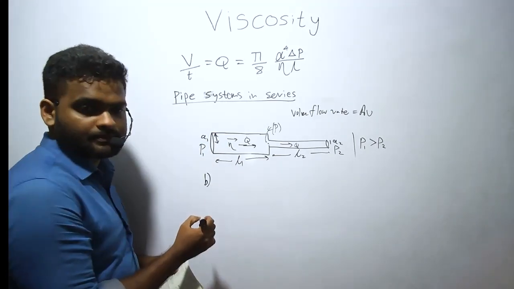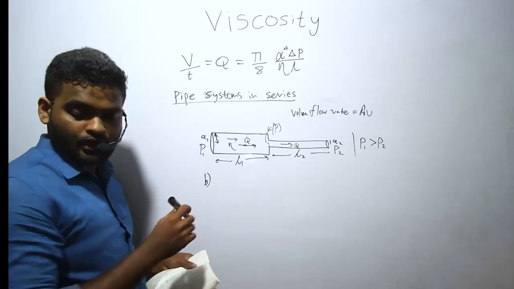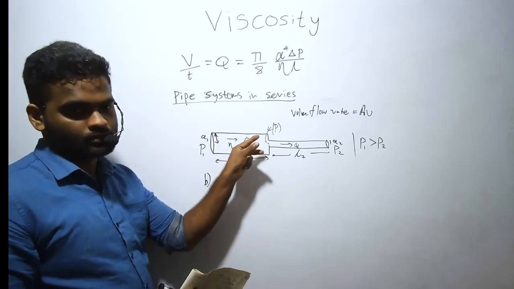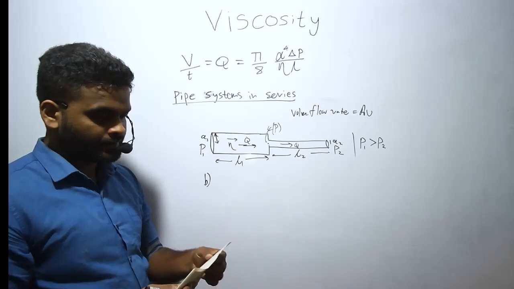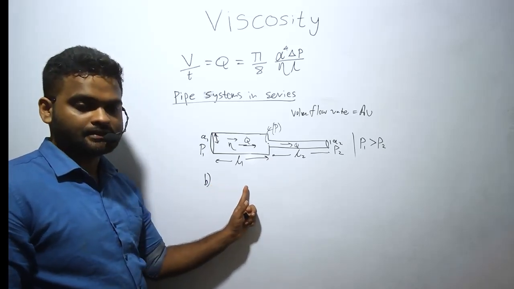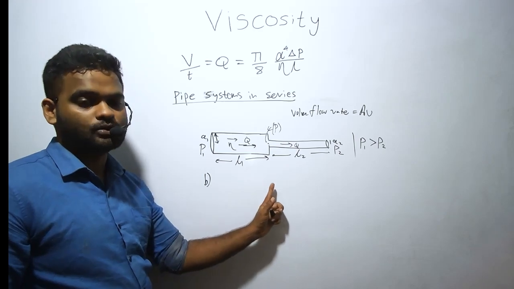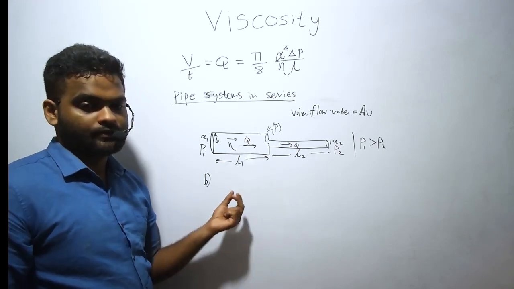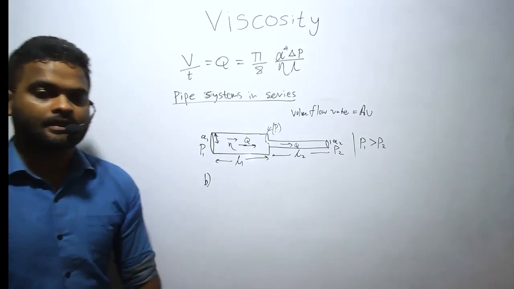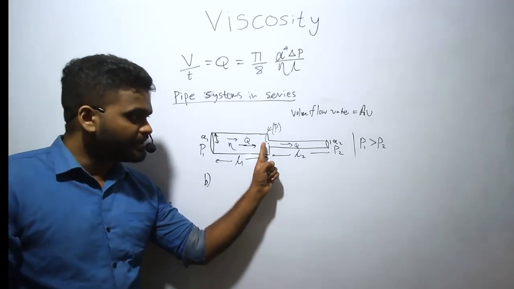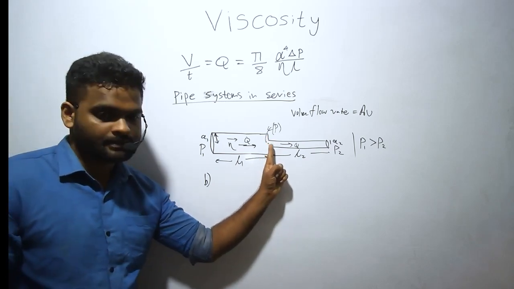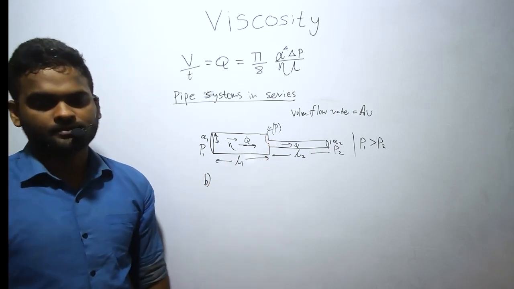Then another type of question is B. You might want to find volume flow rate, Q. Write simple B, write down: find Q, volume flow rate, when P is unknown.